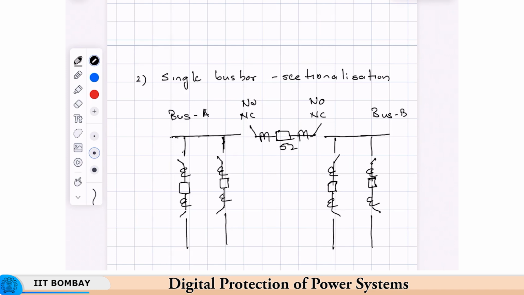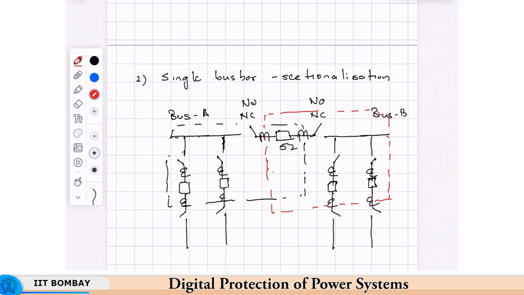And the protection for bus A will be in this zone like this. It will cover all the CTs in that zone, and for bus B, or bus 1, bus 2, whatever you choose to call it, will be like this.